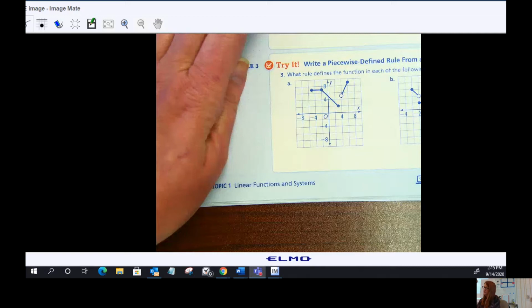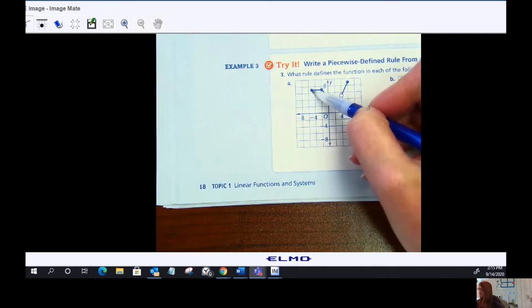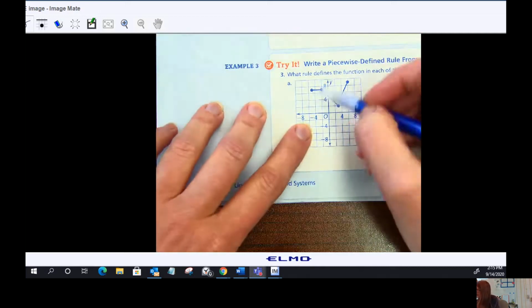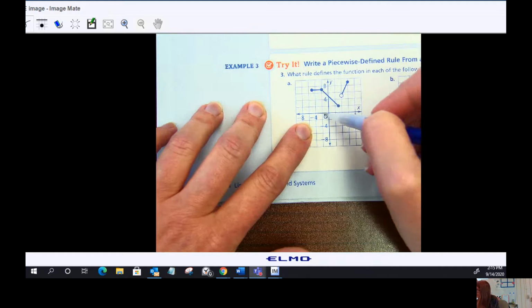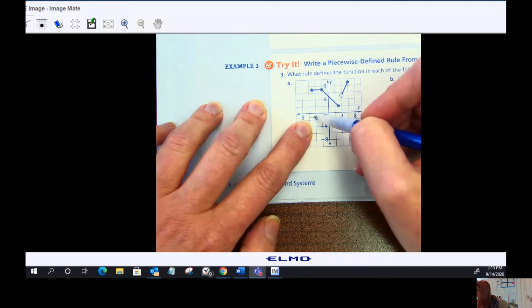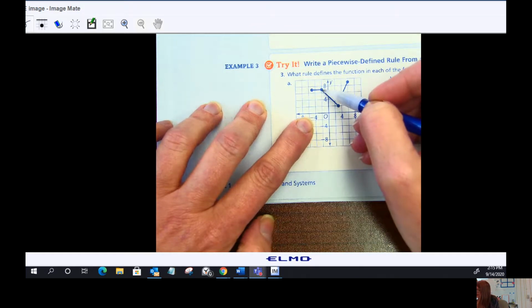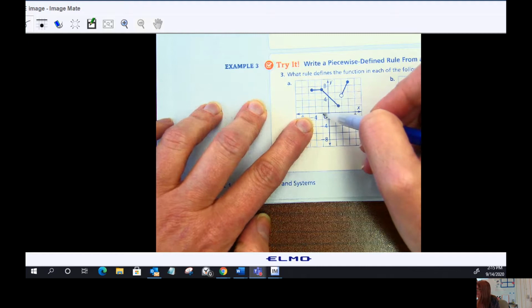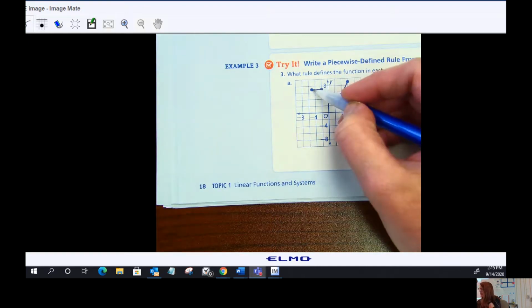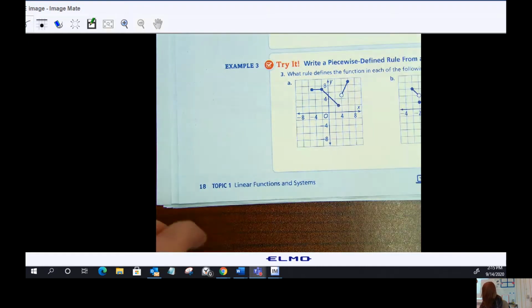So what is the x value of this endpoint? Well, if you come down, I'm scaled by 2's, so that is going to be a -5, and over here I'm at -1. So x has to be between -5 and -1.